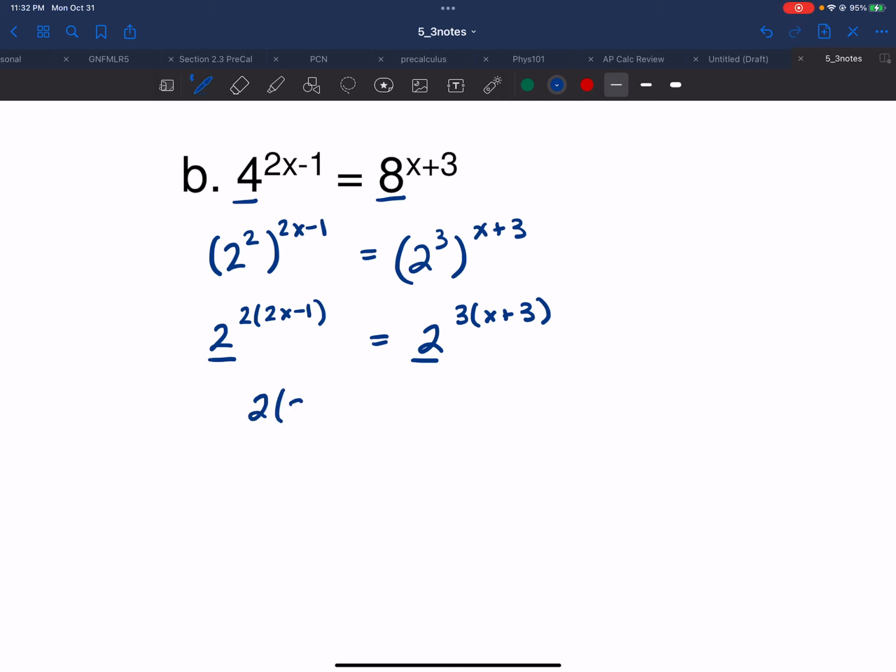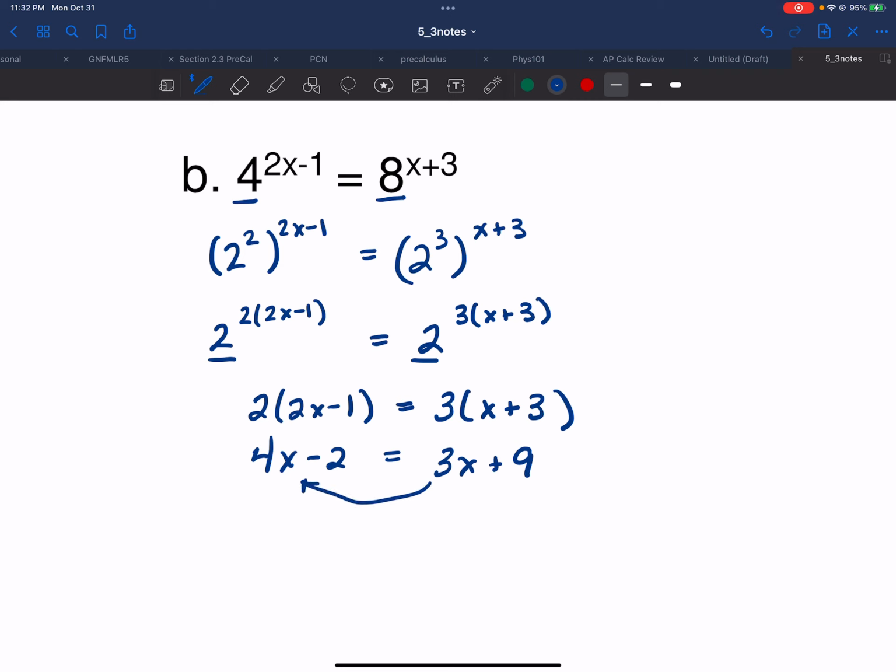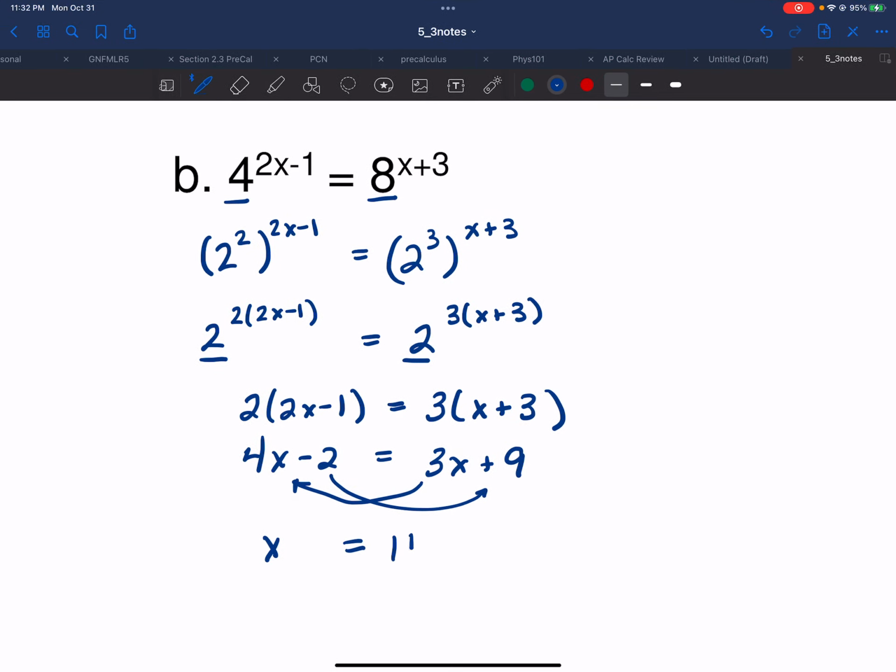So 2 times 2x minus 1 is equal to 3 times x plus 3. Let me distribute these. I have 4x minus 2 is equal to 3x plus 9. I'm going to subtract the 3x, so I end up with x, and then add 2 to that side. So 9 plus 2 gives me 11. So x is equal to 11.